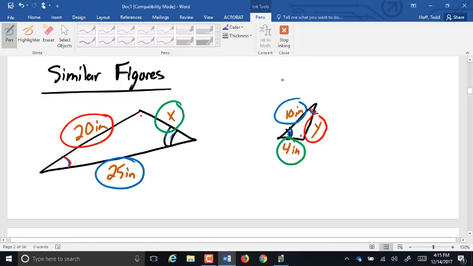Now, to do anything to find those missing sides, we have to have a set of corresponding sides where we know both numbers. In this case, that's the 25 and the 10. Does not matter which one we put on top or bottom. I'll put the 25 over 10. If we are trying to find X, is X going to go on top here or on bottom?